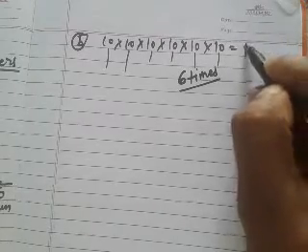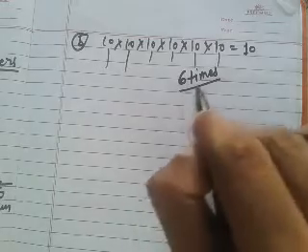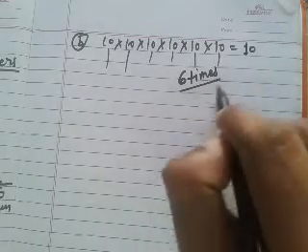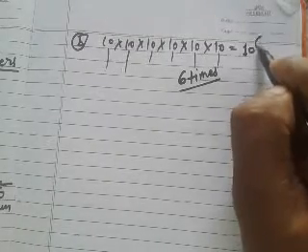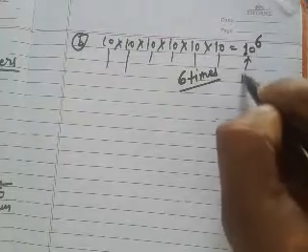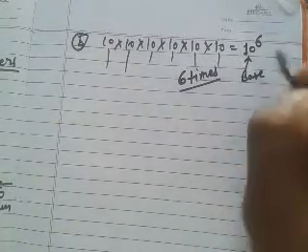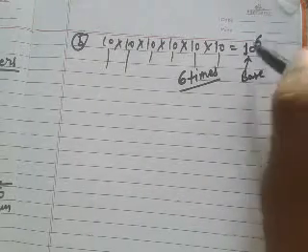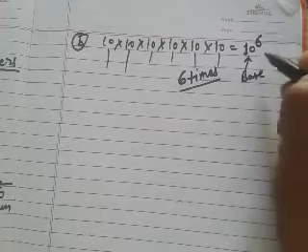So 10 is written as base, and how many times this 10 is multiplied is written as the power of 10. This 10 is called base, and its power is called exponent, power, or indices.